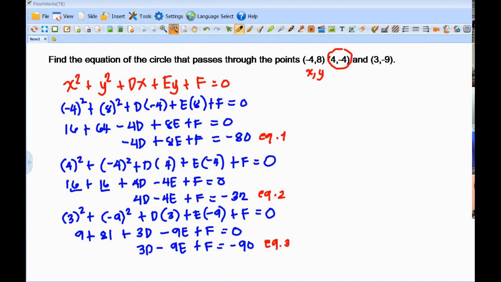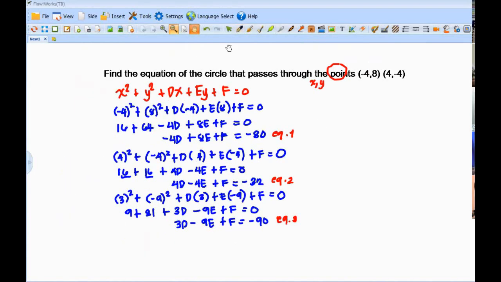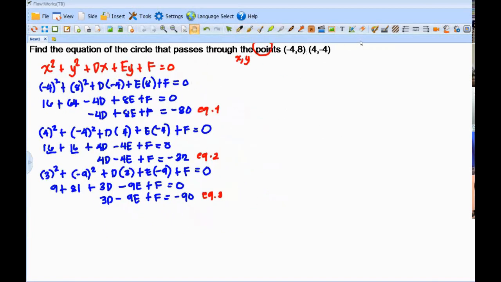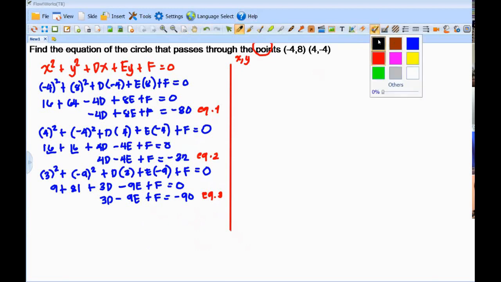Now we are going to solve simultaneously. So you have to remember the first step. This is again by simultaneous equation. Do not forget your rule about simultaneous equation. What is our first step again? We have to combine equations 1 and 2.